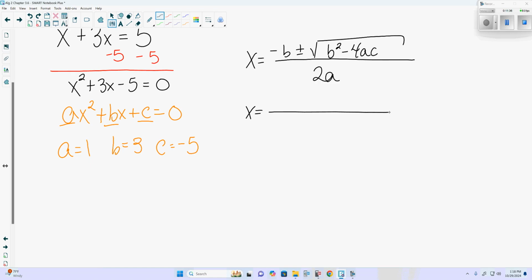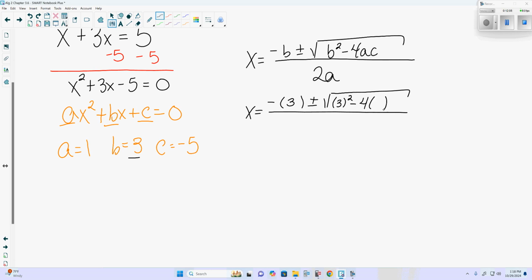Now we need to plug these values for a, b, and c into the quadratic formula. So we have first negative b, so we have negative. What is our value of b? 3. So we'll plug 3 in for b. Plus or minus square root. Our first term is b squared, so it would be 3 squared minus 4 times a.